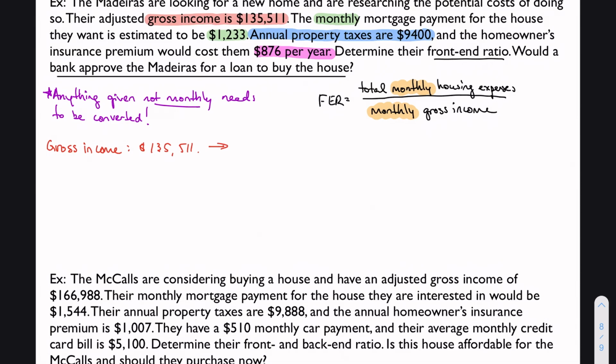So I'm going to get 11,292.58 per month, which is not bad. So we're going to hang on to that for a minute. I'm going to look at my mortgage payment. That's already monthly, which is great. That's $1,233, so that can just stay the way it is. I'm moving it over anyway, just for the sake of keeping these organized.